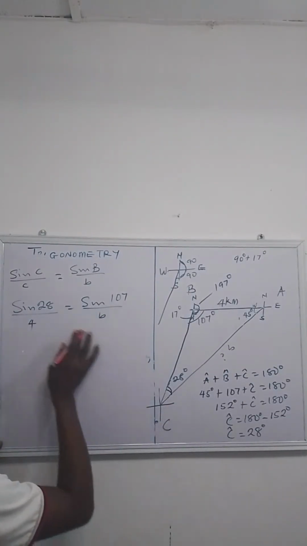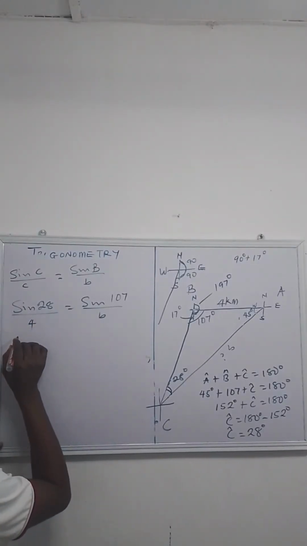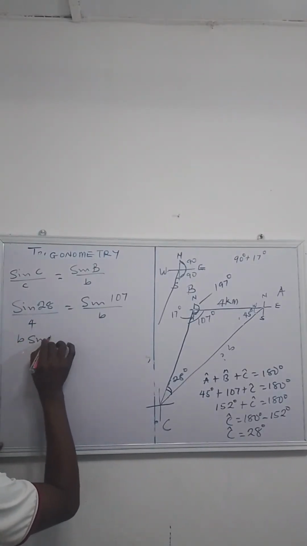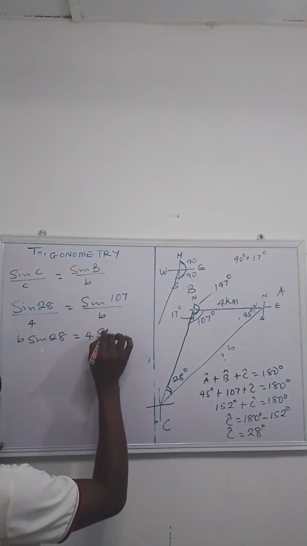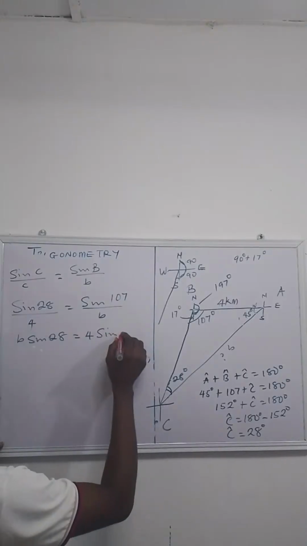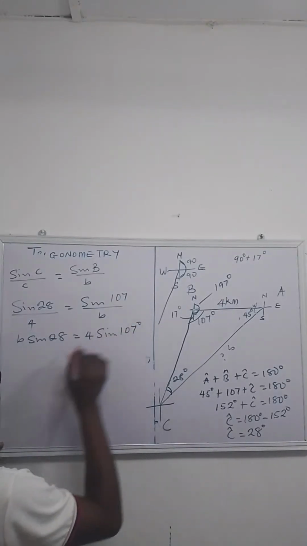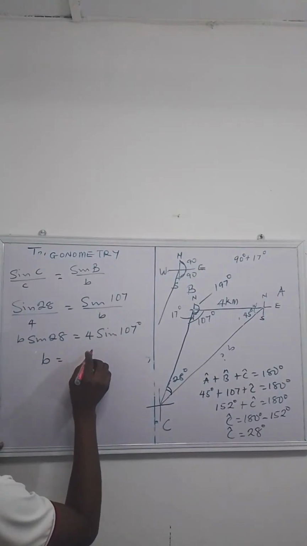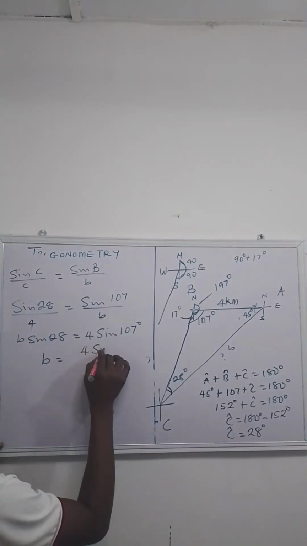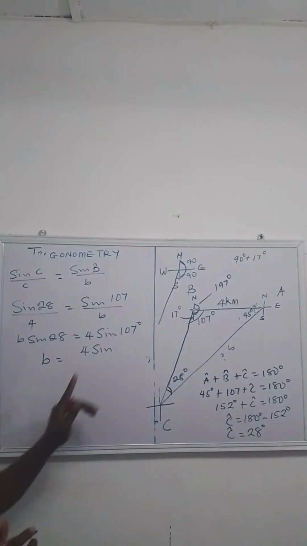So we can cross multiply. We have b sine 28 equals 4 sine 107 degrees. So I have b equals 4 sine.